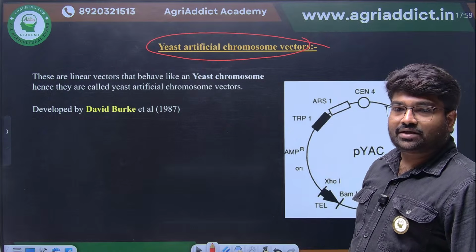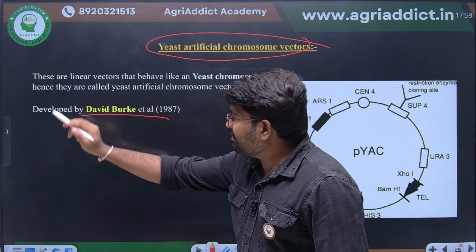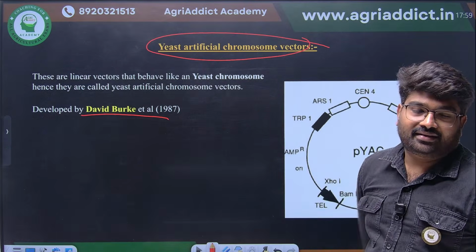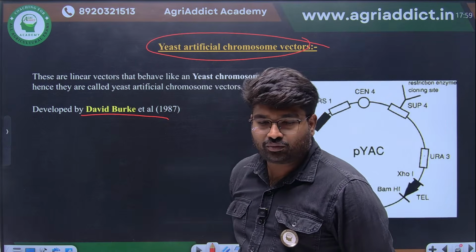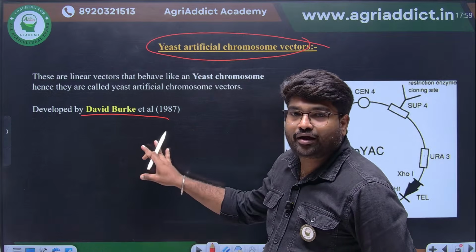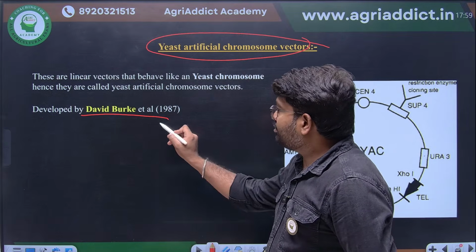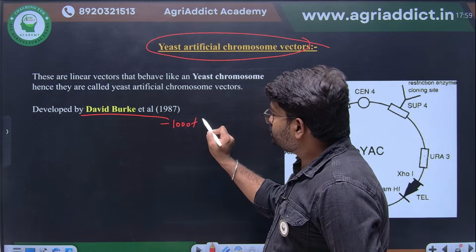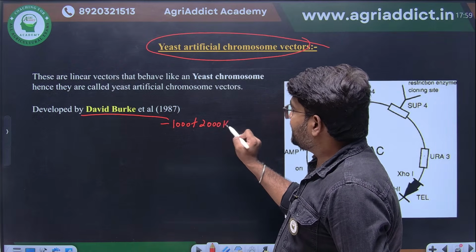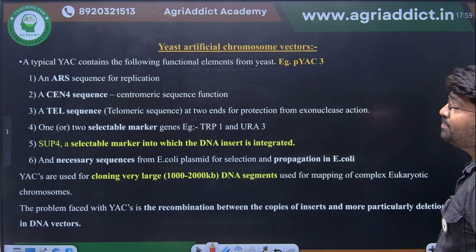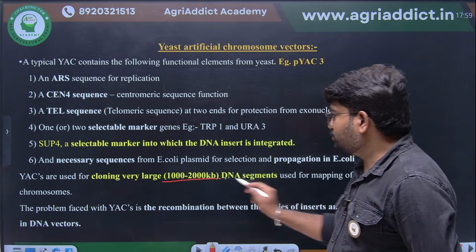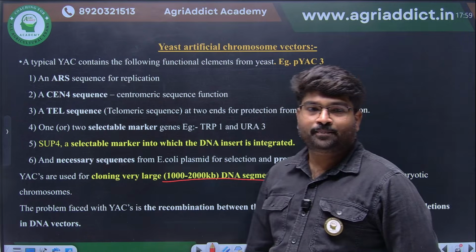This was developed by David Burke. If you see the DNA cloning capacity, we can clone up to 1000 to 2000 kb of DNA segment.